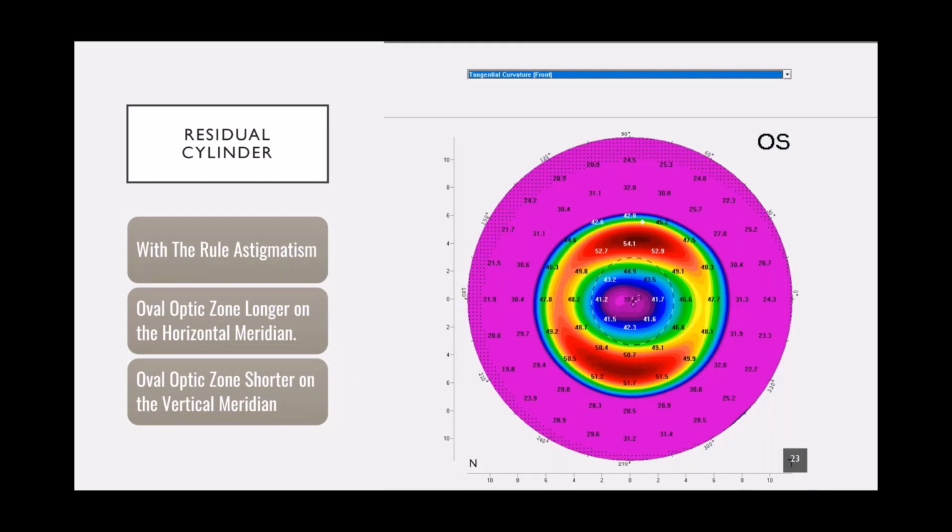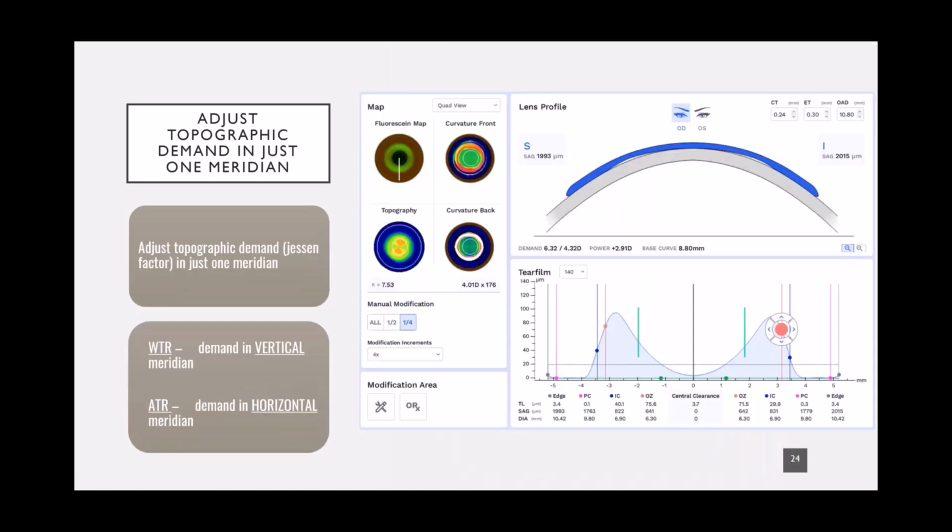I will get there momentarily. I wanted to show you again, just to remind you what that looks like topographically, that it is an oval treatment zone. Okay, so this is the same lens and the vertical meridian is only 6.3.